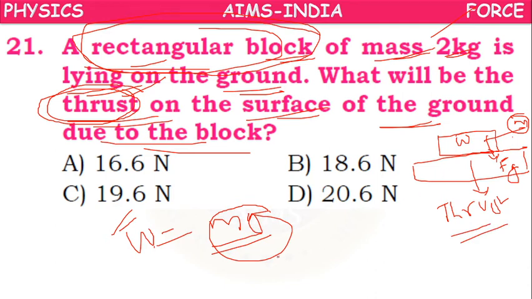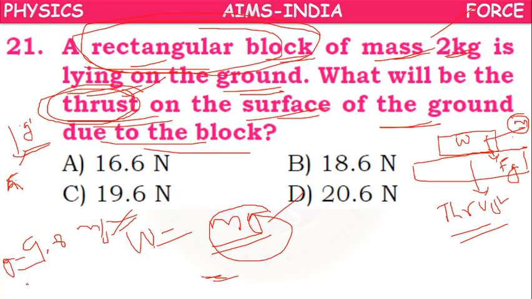Here g means acceleration due to gravity, the change in the speed of a body because of the gravitational force of the earth. Because of it, acceleration is created in bodies, which is called small g, whose value is 9.8 meter per second square.